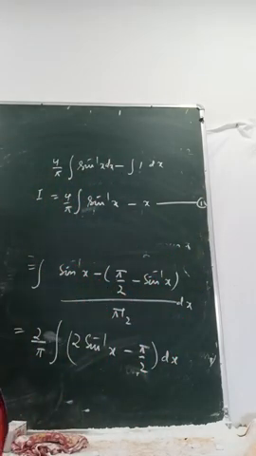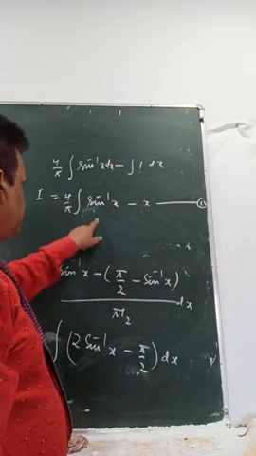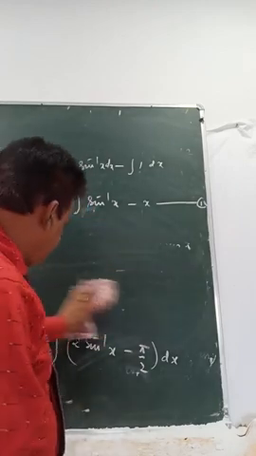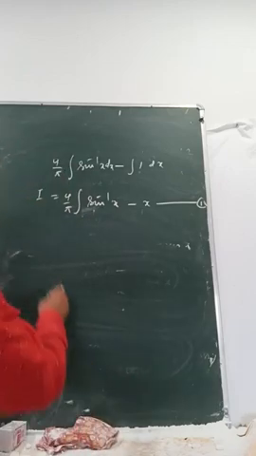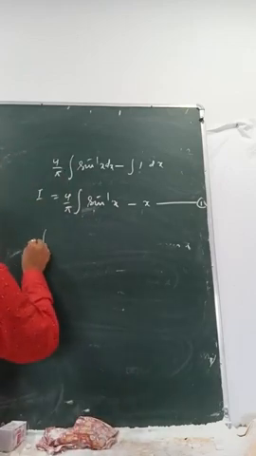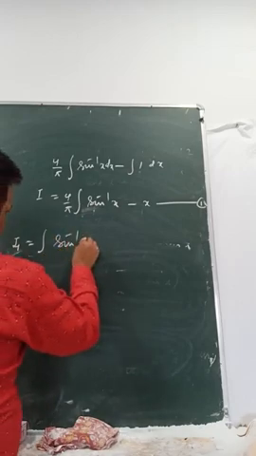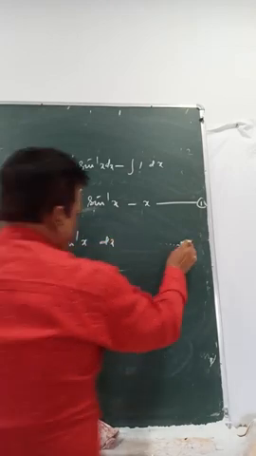Okay. Now we have to integrate only this part, then I will put the value. So how to integrate sin inverse x? Let's take I1 as the integral of sin inverse x.